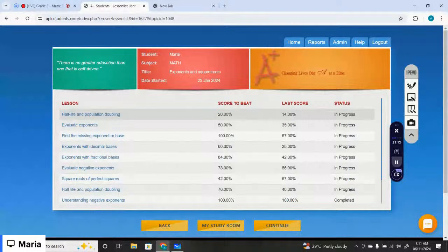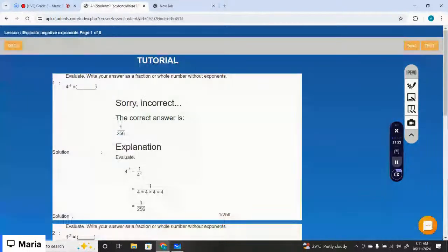The next lesson is evaluate negative exponents. So let's just see how we evaluate the negative exponents. Let's just start with the lesson. Evaluate.